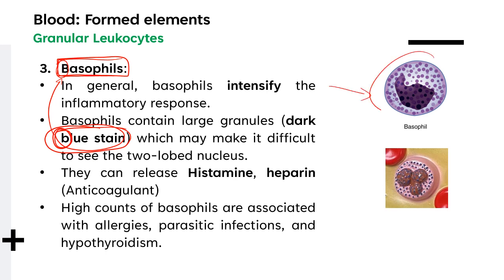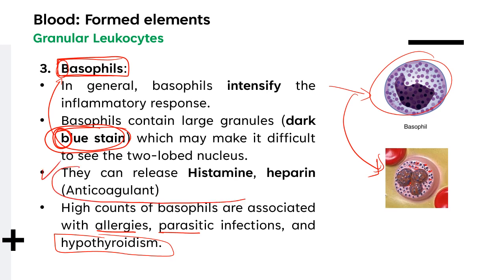You can see it here in the cartoon or in the model, it will look like this with those typical blue granules. The count of basophils will also elevate in allergies, parasitic infections, and in some rare cases, hypothyroidism. For your lecture, make sure that you know that this is very characteristic of basophils. They contain histamine and heparin, which is a type of anticoagulant.